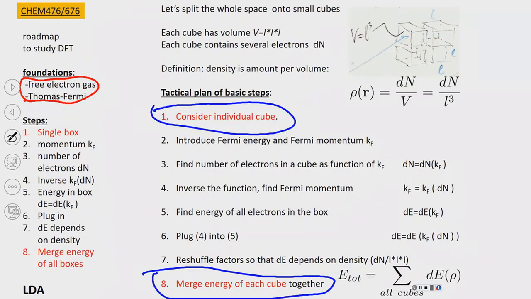But there is a way to make a connection between total energy of the universe and density of electrons. If you do it once for oversimplified stuff, later you will be able to do it for the true universe, with ions and with electronic interaction. Make sense?